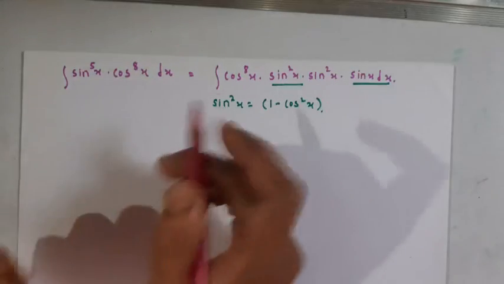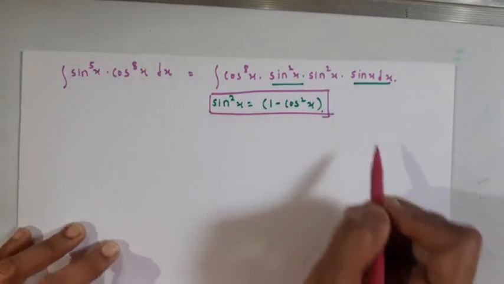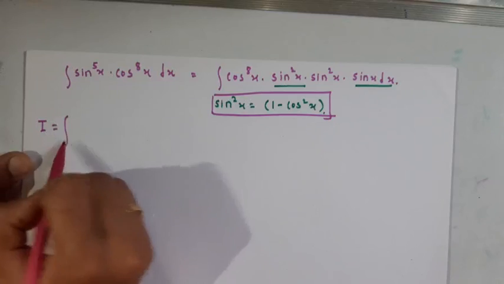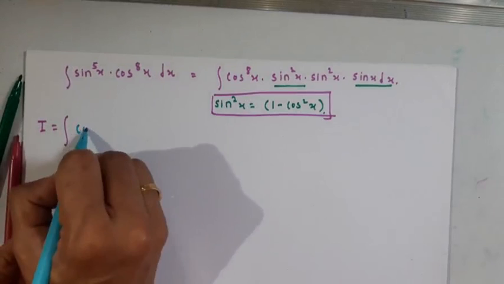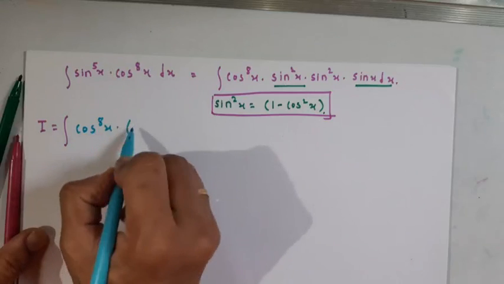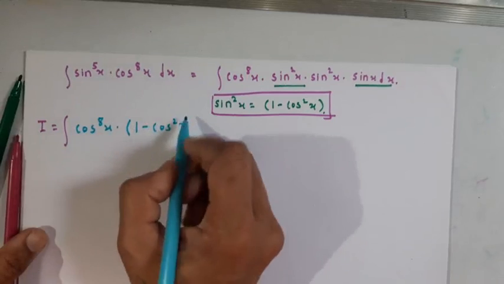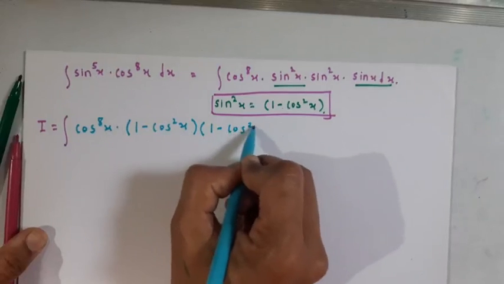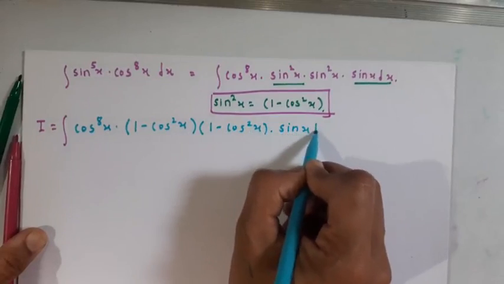Okay students, so here our integration is now I equal to cos raised to 8x into sin square x, which is 1 minus cos square x, into 1 minus cos square x, and into sin x dx.